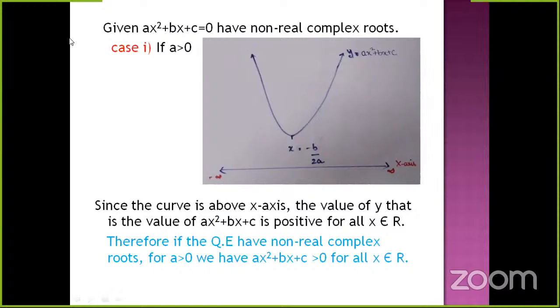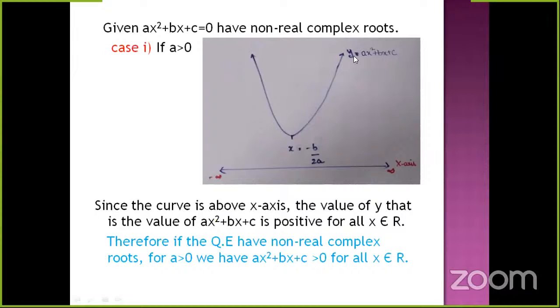So in the first case, if a is positive, then the curve will be in the shape of a U, which is above the x-axis. Already you have observed this curve in the first slide. Since the curve is above the x-axis, for every value of x belongs to R, the curve is above the x-axis.